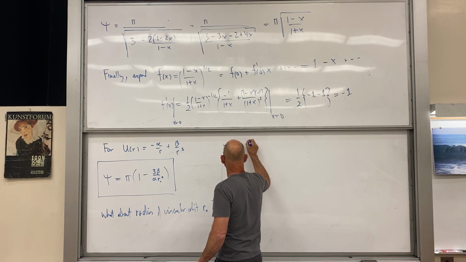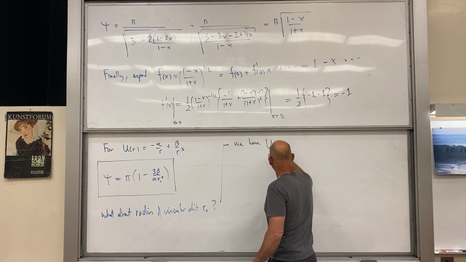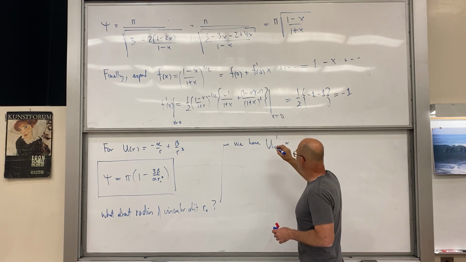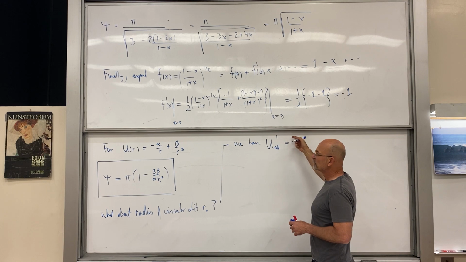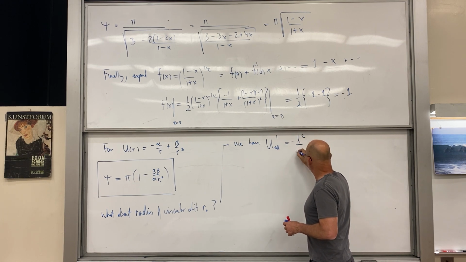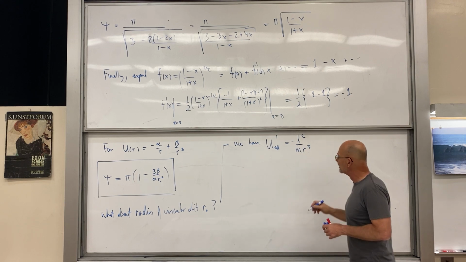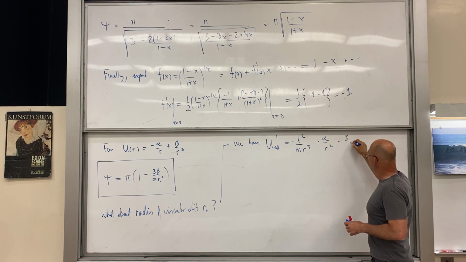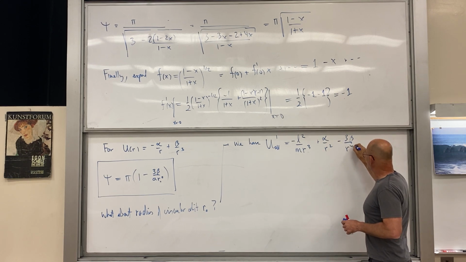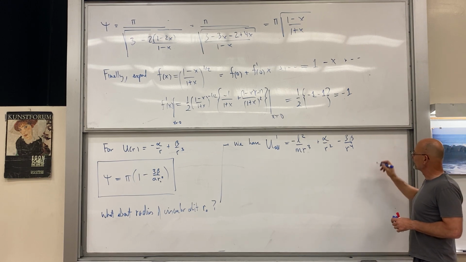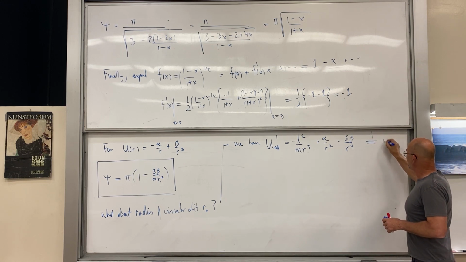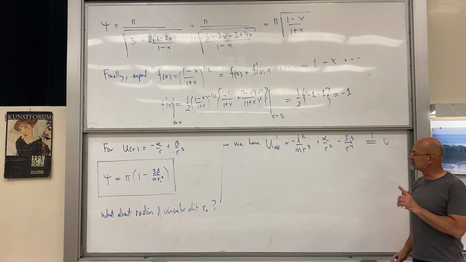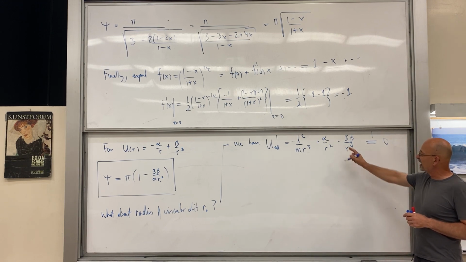We have U effective prime of R0, that's supposed to vanish, but U effective prime is equal to minus L squared over M R cubed plus alpha over R squared minus 3 beta over R to the 4th. We're supposed to set that equal to 0 and solve for R. Well, good luck. Okay. You need the approximation scheme to solve that. It's a higher order polynomial.